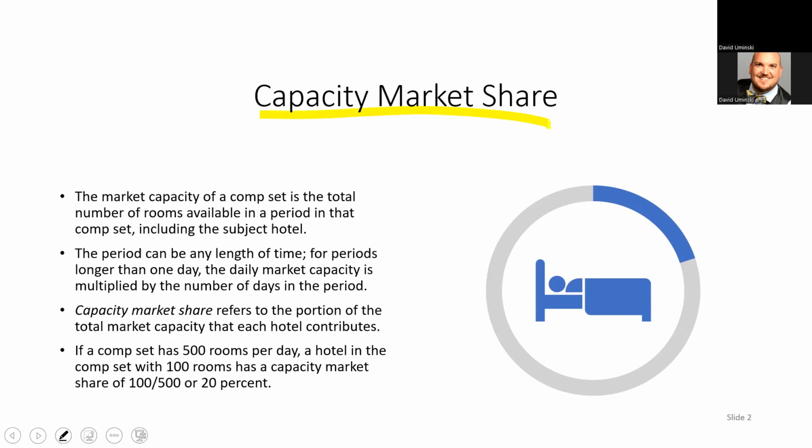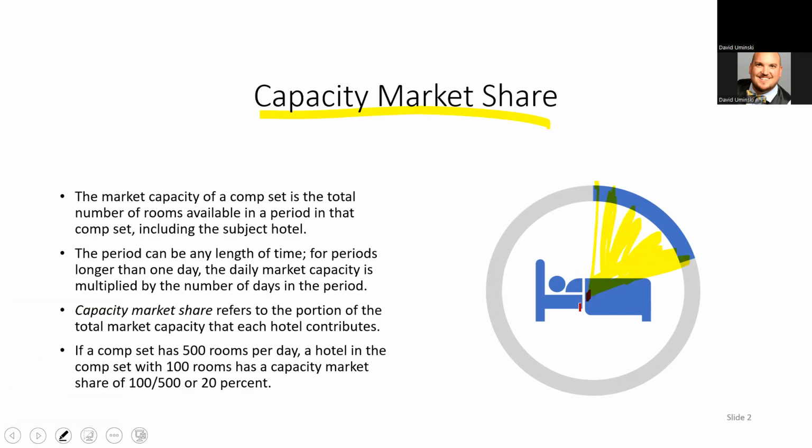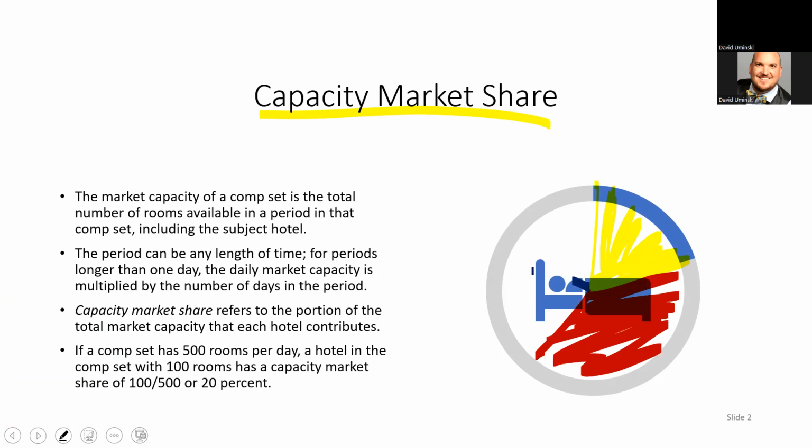Now, if we think about this particular image as like a pie chart, for example, this hotel is going to have this percentage. We might have another hotel that makes up this percentage of our market. And then we might have 2 other hotels that make up this percentage and this percentage.